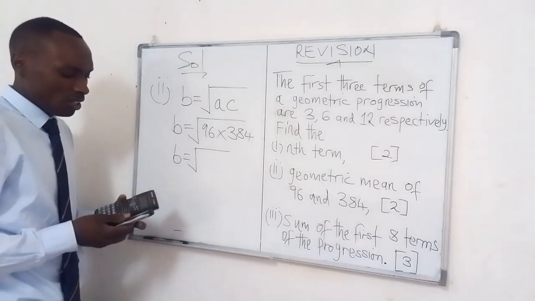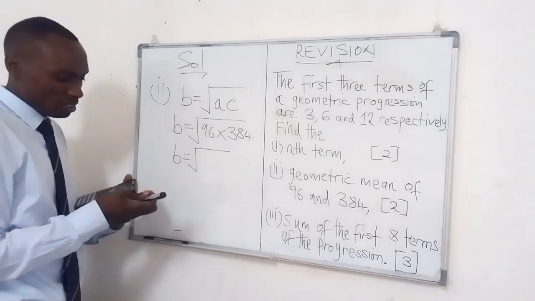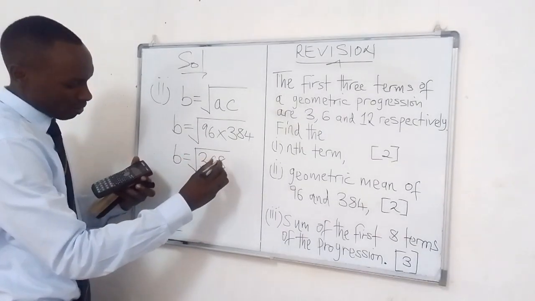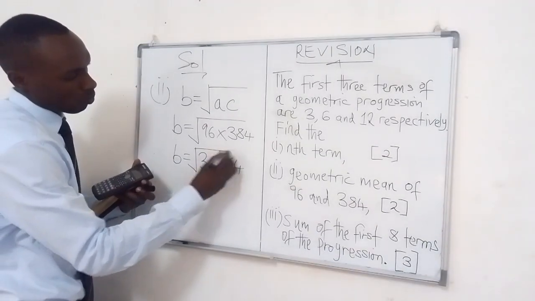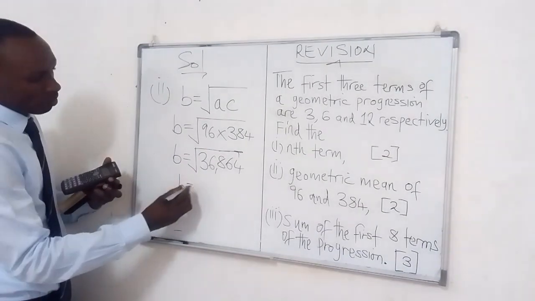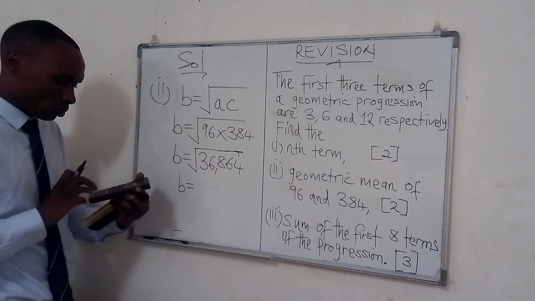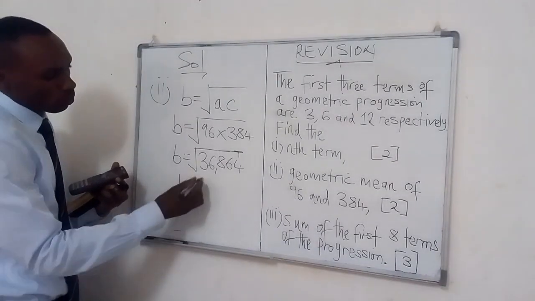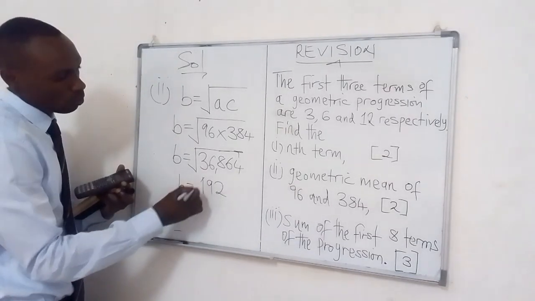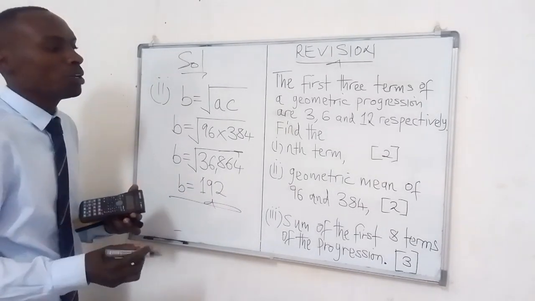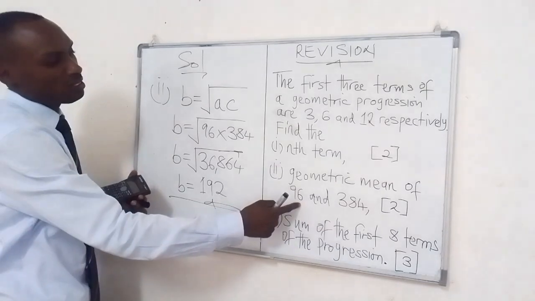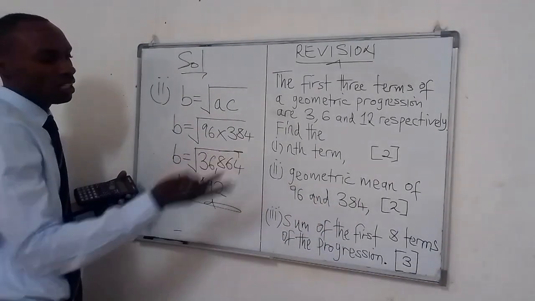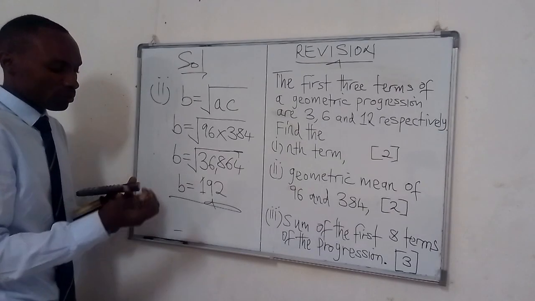This gives 36,864. Then the square root of this one gives 192. So 192 is the geometric mean of 96 and 384. So just doing this gives us 2 marks.